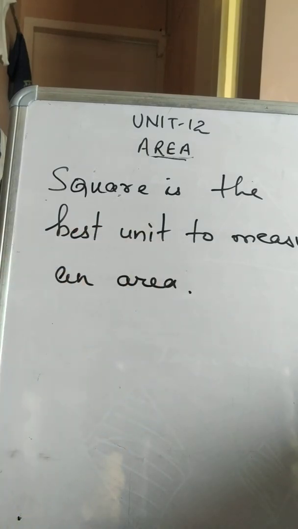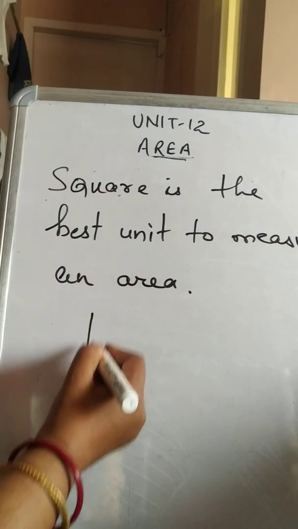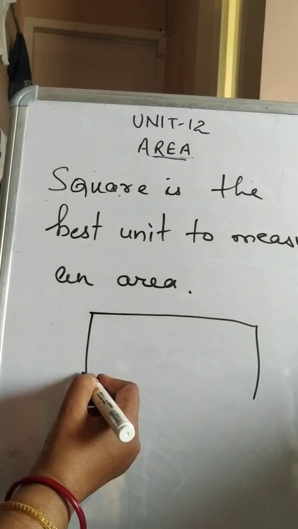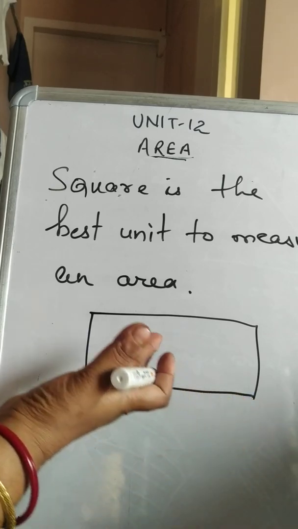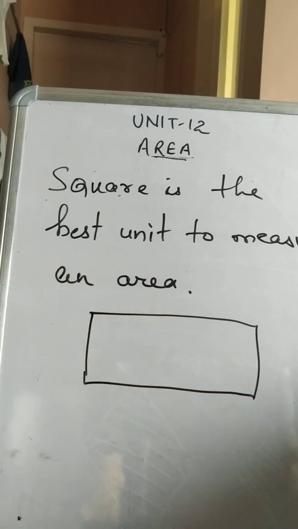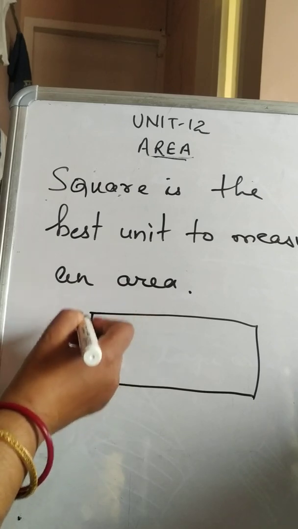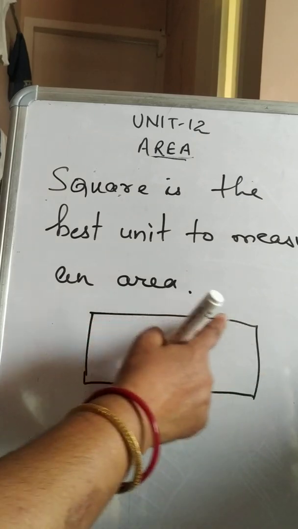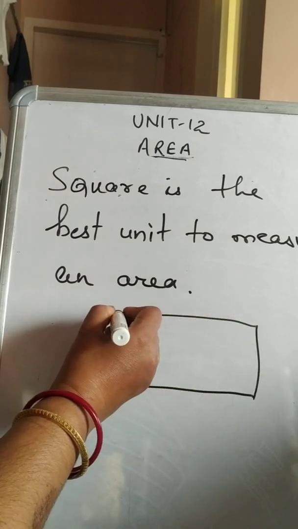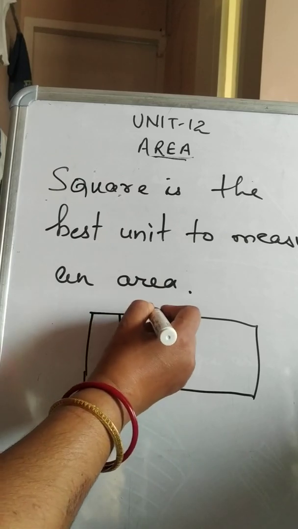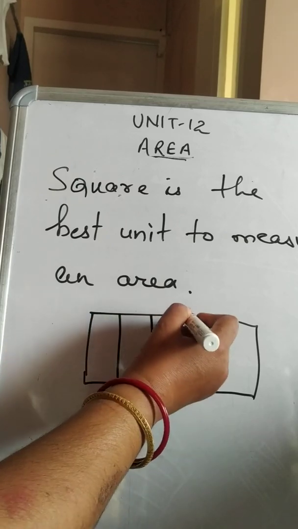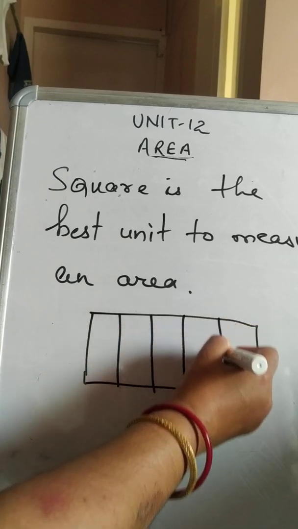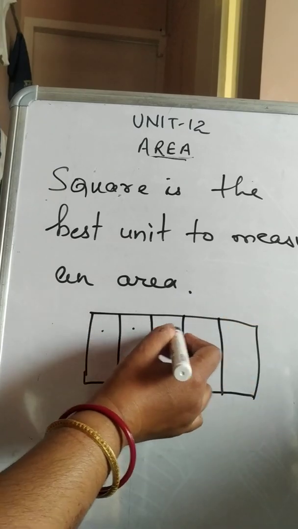Okay. Now here all of you see, for example, this is a figure. How will we measure the area of this figure? We will divide this figure into squares, each having 1 centimeter as length and breadth. 1, 2, 3, 4, 5.